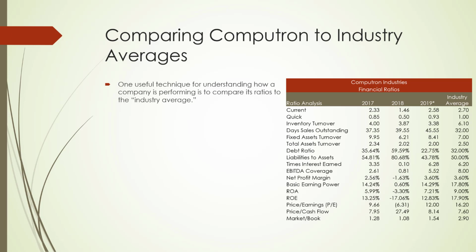Now let me point out something here that's important. When we talk about industry averages, you can calculate industry averages, but it's usually much more useful to calculate an average of a small subset of the industry. For example, the 3 to 5 firms in the industry that are most comparable to the one you're looking at.